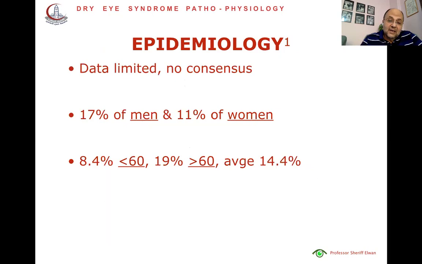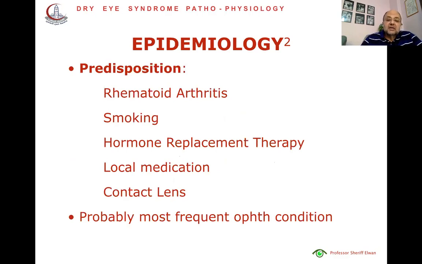It increases with age, where there is a 19% incidence compared to something like 8.4% before the age of 60. The average is around 15% of the population. So the condition is probably the most frequent ophthalmic condition. It is a very common disease or abnormality.